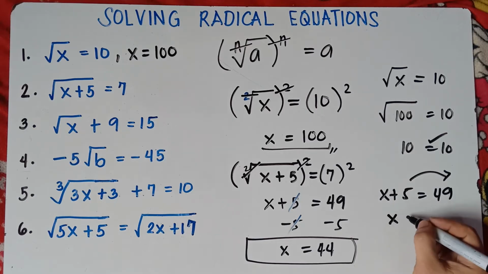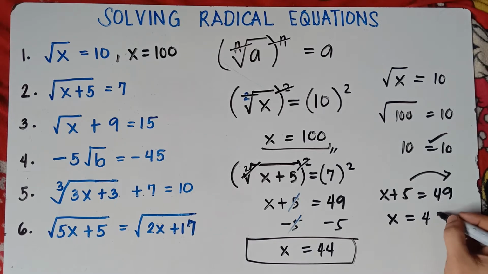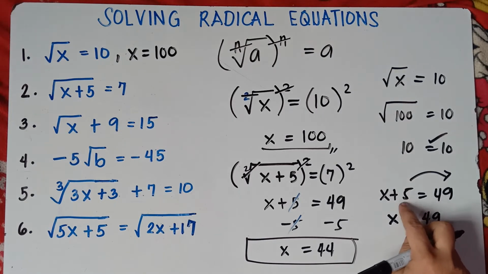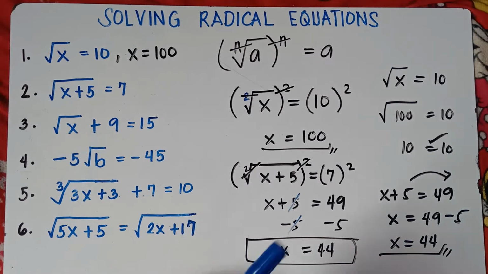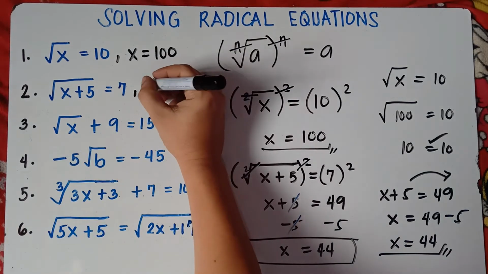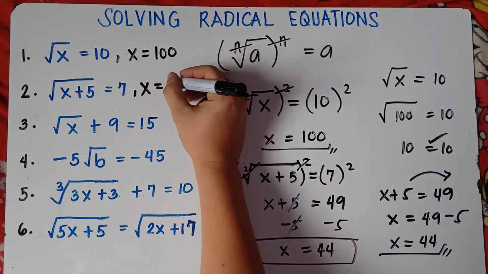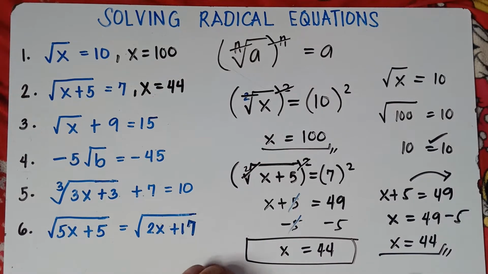So x equals 49, and since we transpose 5 from left to right, positive becomes negative. x equals 49 minus 5, that would be 44. Same answer, class. Most of the students use this transpose method because they are confused with the properties of equality. That's the answer for number 2, x equals 44.